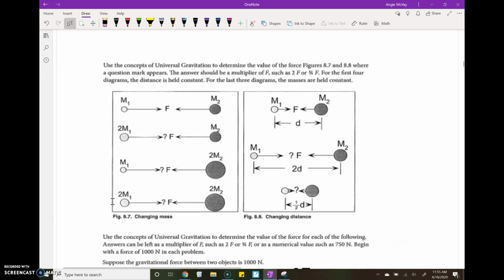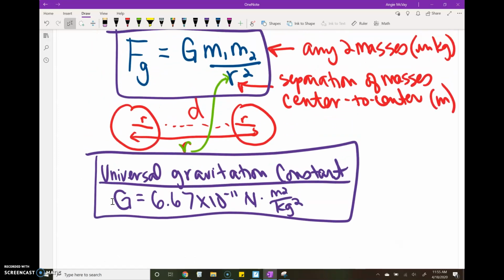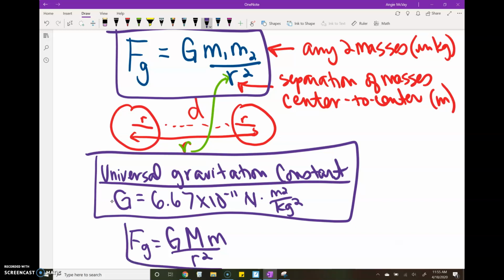Okay. So here is just a conceptual example. So it's common for masses to be written as mass 1 and mass 2. I actually want to go back here and write this equation in another way that I actually think is more convenient. Fg equals big G capital M lowercase m over r squared. This is the way that I prefer to write this equation, because typically you're dealing with a big mass, right?